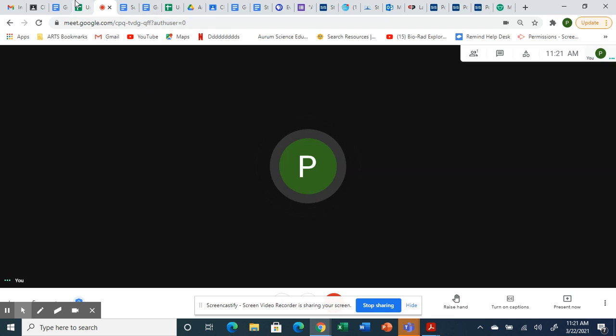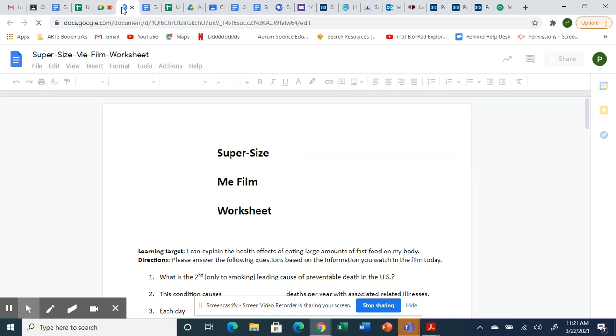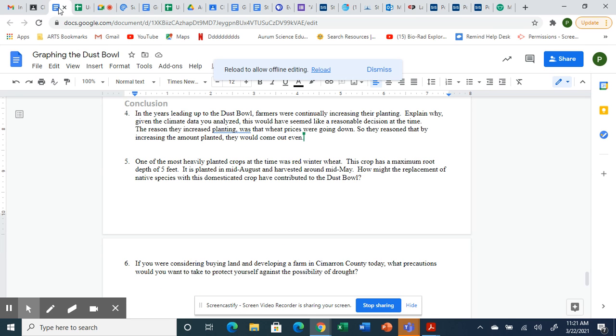Okay. Second question. One of the most heavily planted crops was red winter wheat.